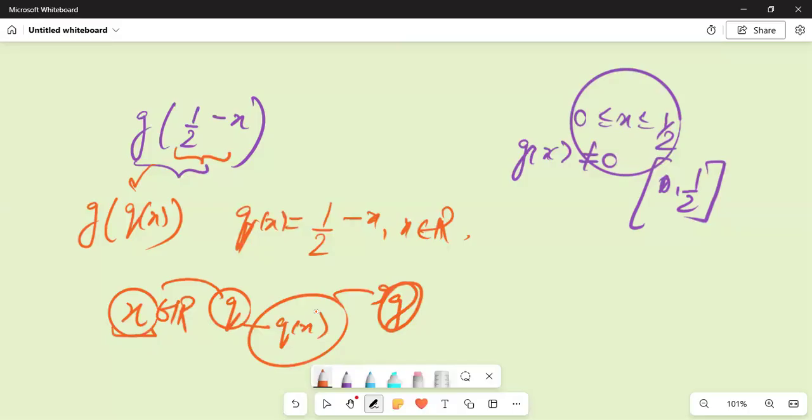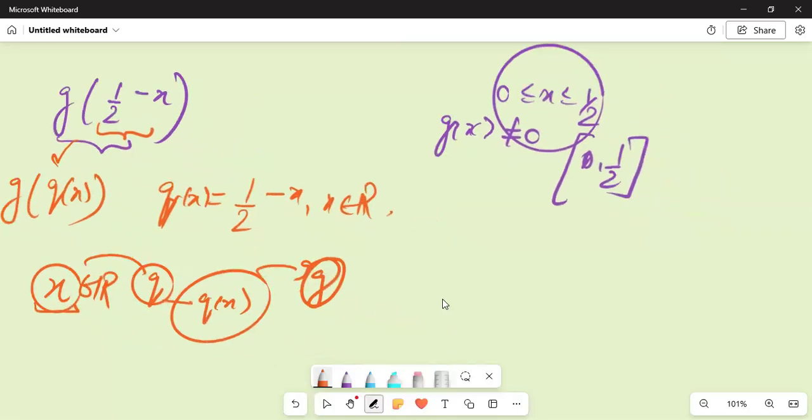So what type of value is this function G(1/2 minus X) going to take? Now you easily know, using the definition, that G will be non-zero only when X lies between this.